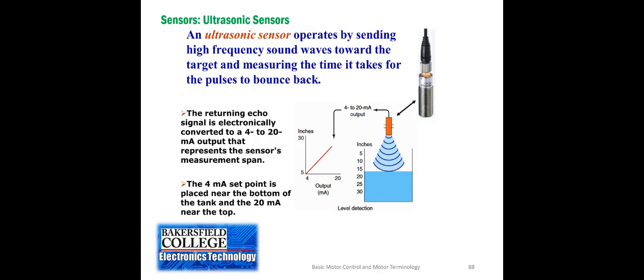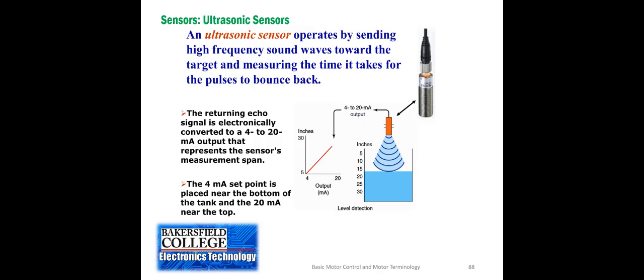In this case, what happens is that it sends a burst of sound waves, and those sound waves hit a surface and are reflected back. The amount of time it takes for the sound wave to leave the sensor, bounce back, and return to the sensor is recorded and measured. And then that is converted to a distance measurement.